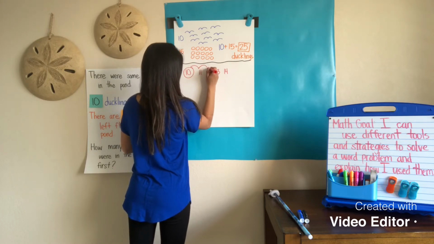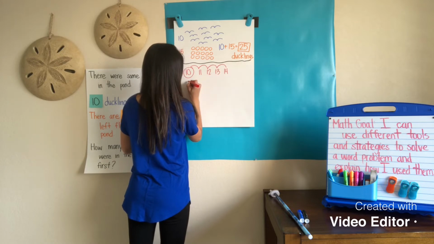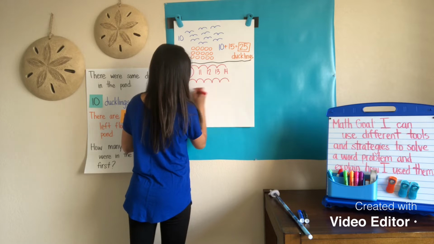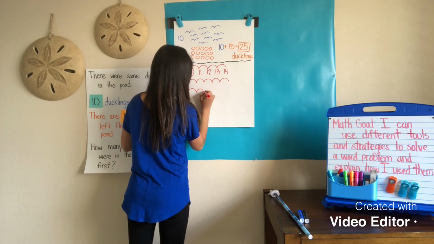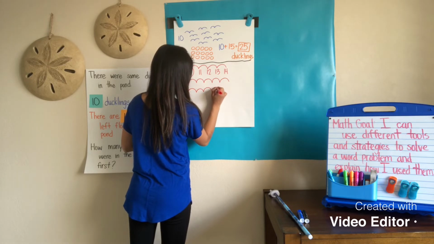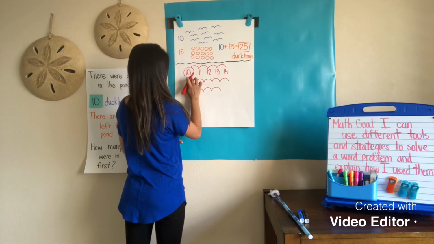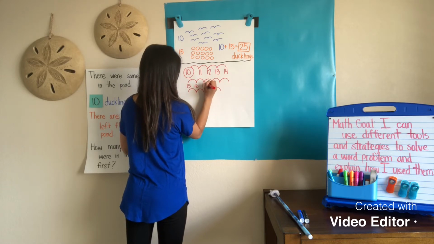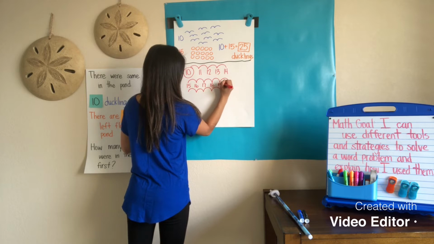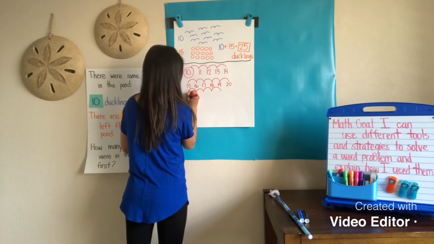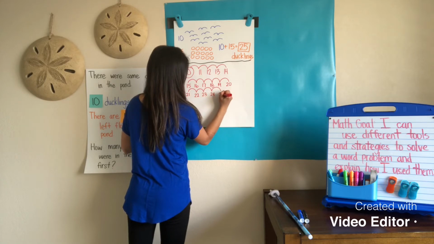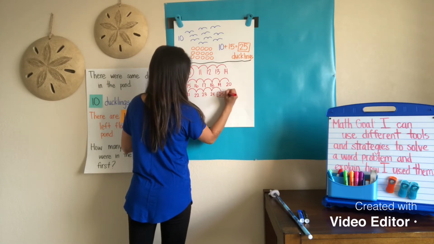So 10, 11, 12, 13, 14, 15, 16, 17, 18, 19, 20, 21, 22, 23, 24, and 25.